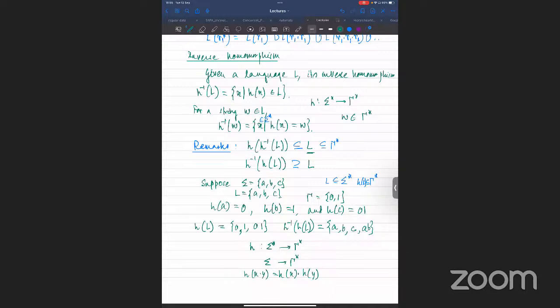Clear? So you can try to find an example which will illustrate this. You get the intuition. It's very easy to construct an example, but try it out.